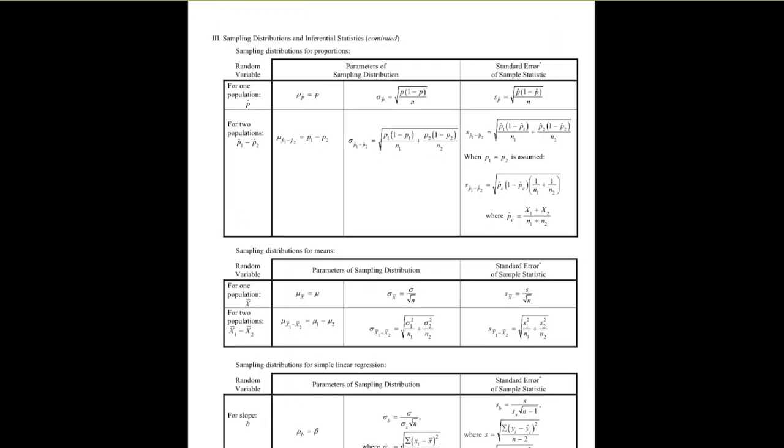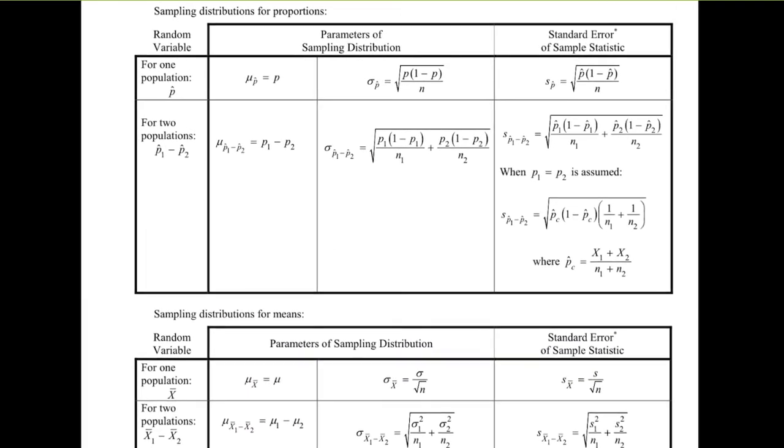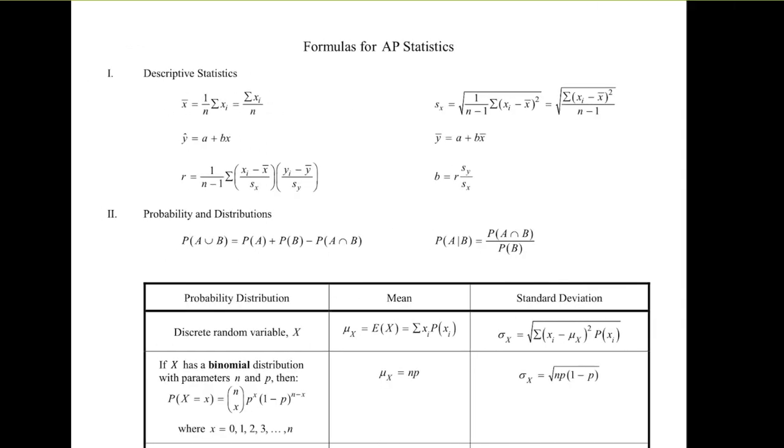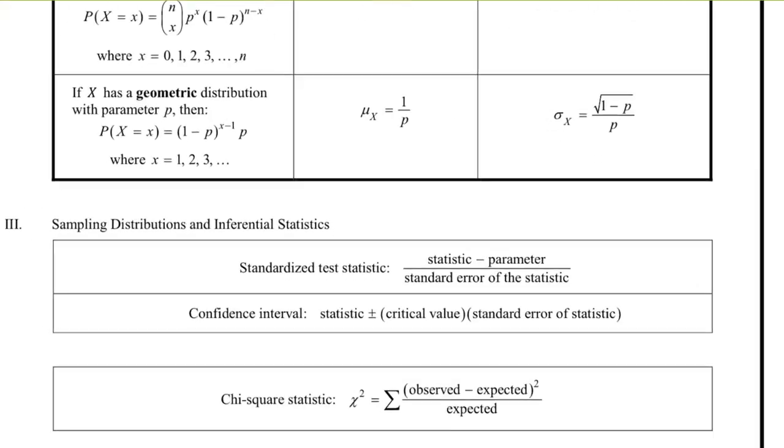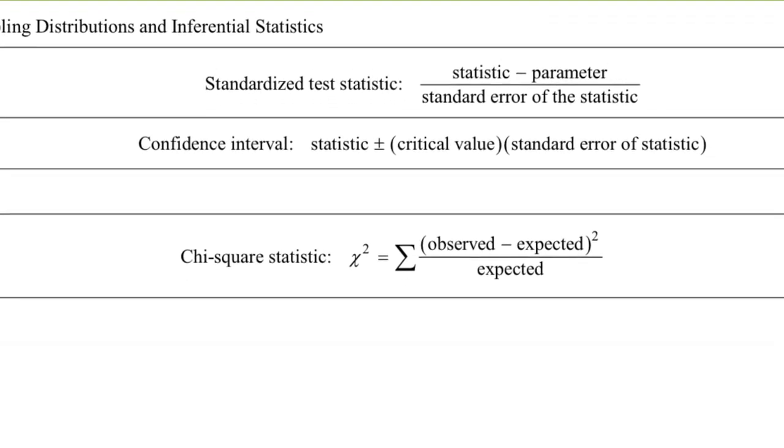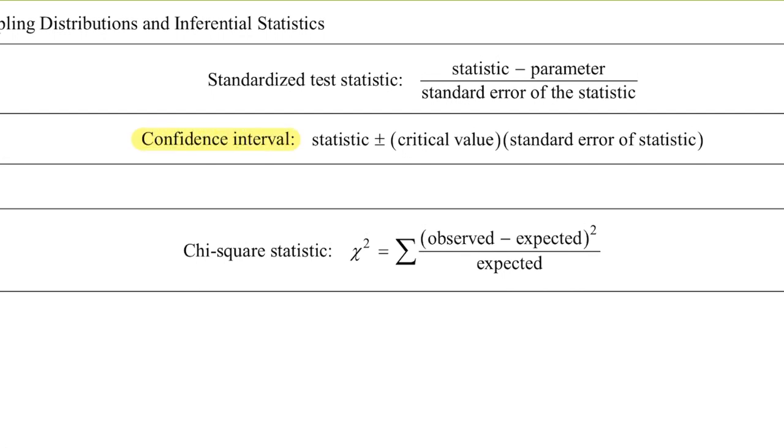So for the formula sheet, let me just show you a couple of things. First, here's the interval itself. So let's make sure you guys see that confidence interval. Statistic plus or minus critical value times standard error of statistic. We're going to learn several confidence intervals, but right now our statistic is either p hat or p hat 1 minus p hat 2.